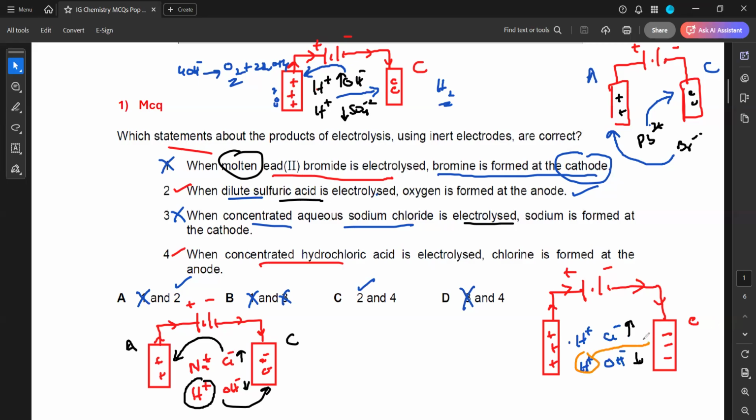So any of the hydrogen can move towards the cathode, and of the hydroxide and the chloride, the ion which is more, the chloride ions, are discharged at the anode. So when a concentrated hydrochloric acid is electrolyzed, chlorine is formed at the anode, so option 4 is correct. So that's why C will be the right answer. Is this one clear?